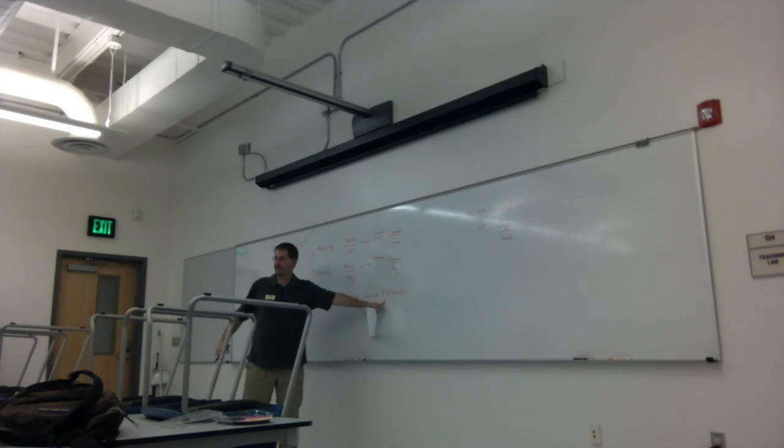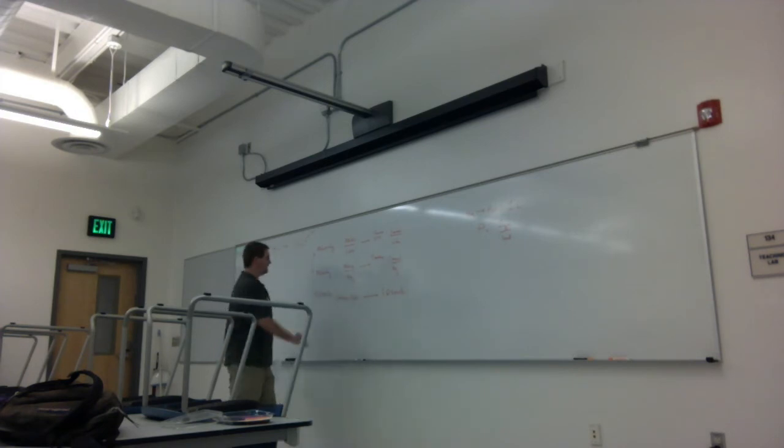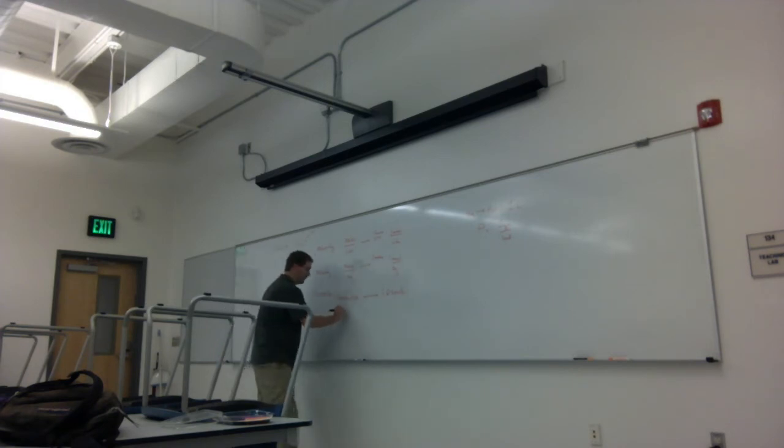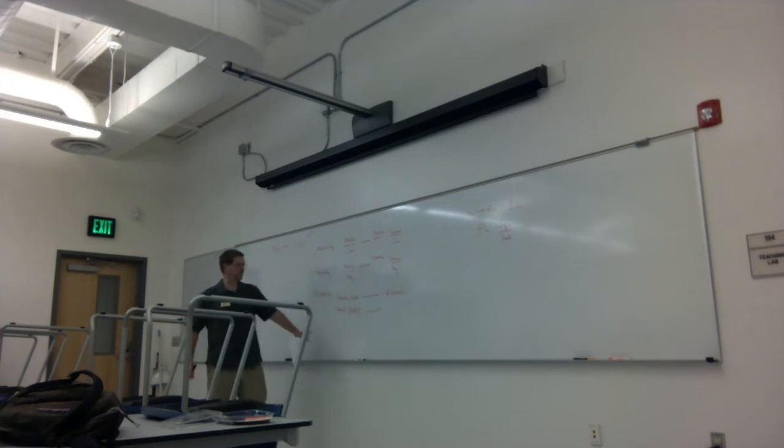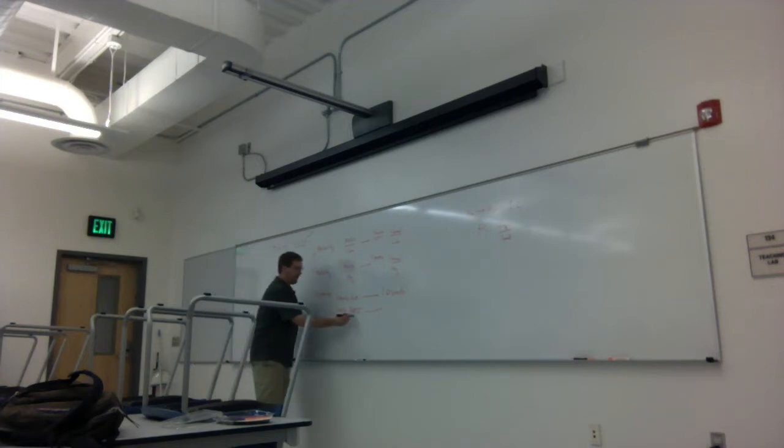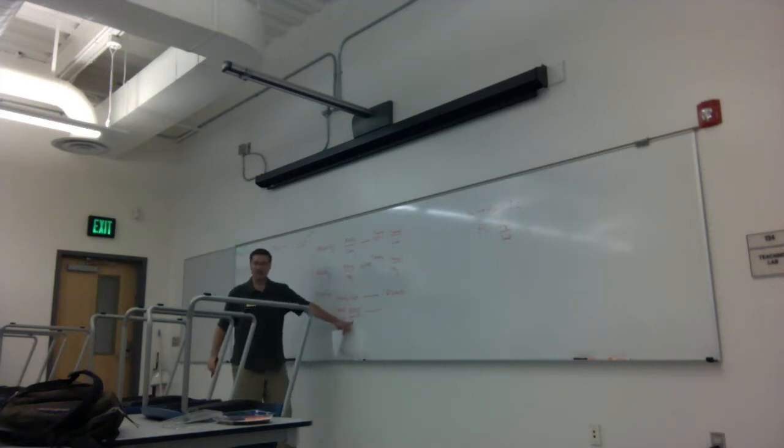Does that make sense? But now let's say that I have 1 mole of sodium chloride, and I dissolve that in water. What's going to happen? This particle of sodium chloride doesn't act like 1 particle in water, does it?